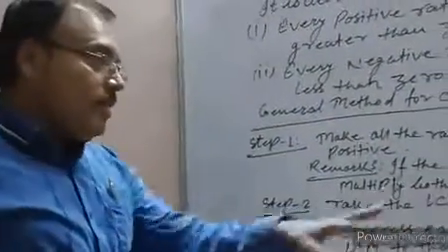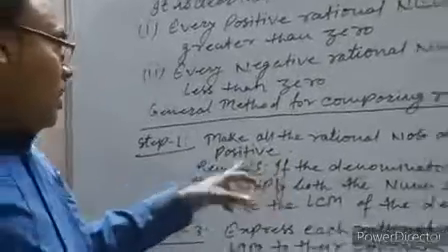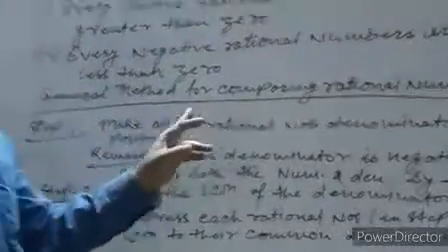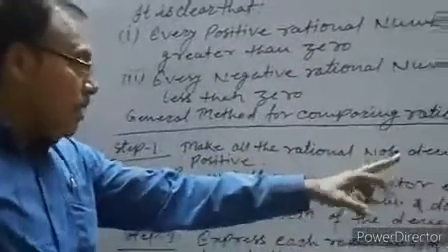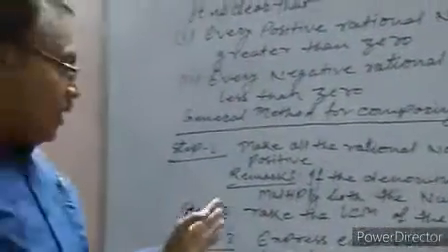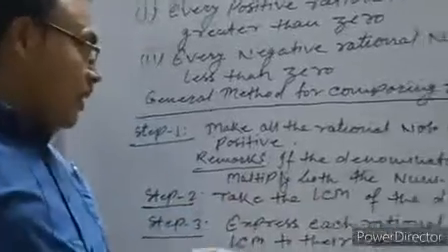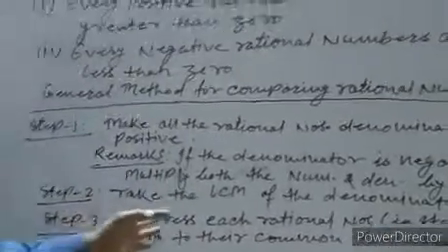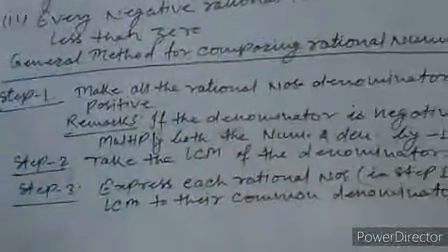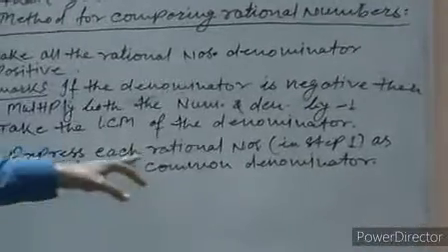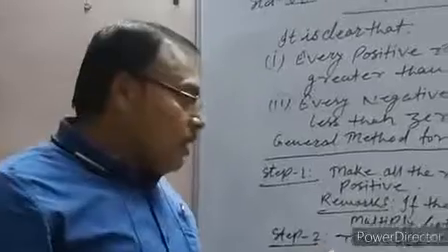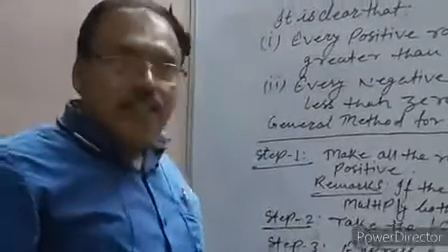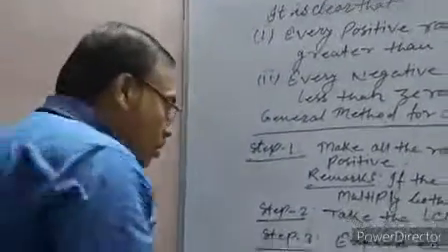First of all, in step 1, we make all the denominators positive, and after taking the LCM of the denominators, we express each rational number with the LCM as the common denominator. It means that we make their denominators equal to the LCM.